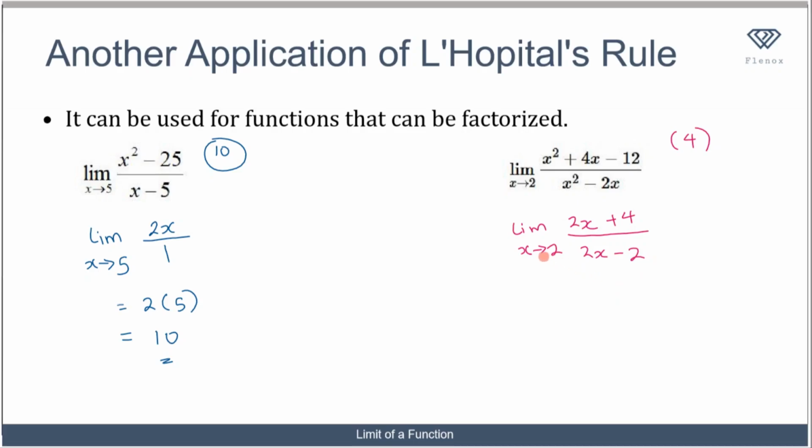Now we can substitute the value of x as 2. That becomes 2 into bracket 2 plus 4 over 2 into bracket 2 minus 2, which is 4 plus 4 over 4 minus 2, which works out to be 8 over 2, and that results to 4. So as you can see, we got the same result: as x tends to 2, this function tends towards 4.